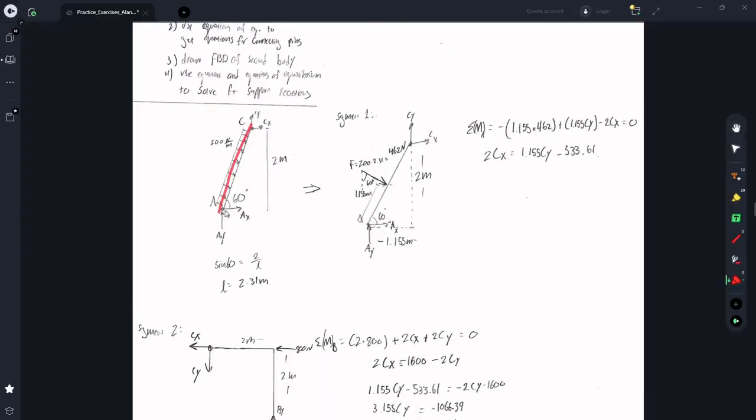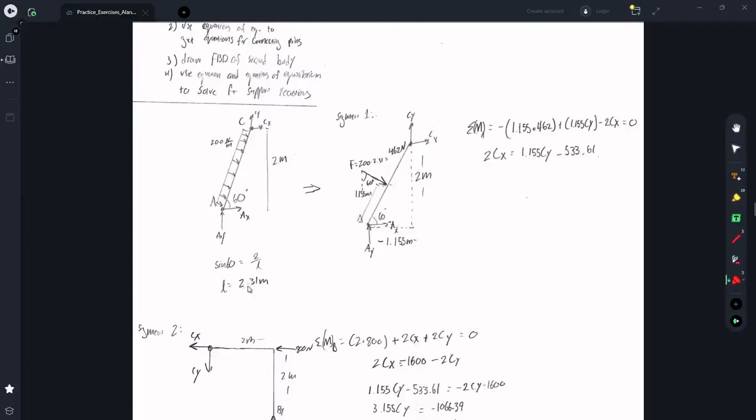Here I did the angled body first, and the first thing I did was replace the distributed load with a single force that acts in the middle of it. To do that, I had to get the length of the angled body. The height is 2 meters, and the angle is 60 degrees. So sine 60 equals opposite over hypotenuse, so 2 over the length.